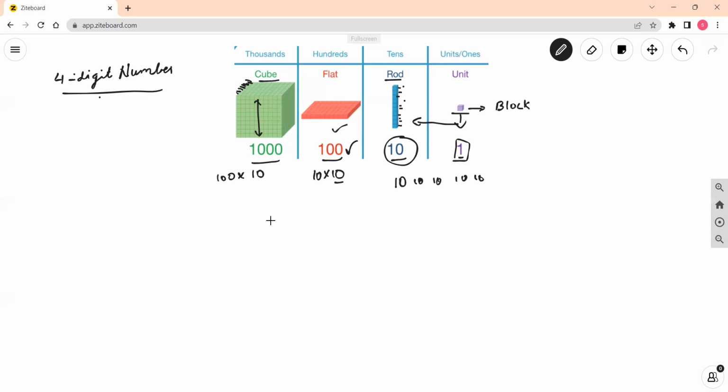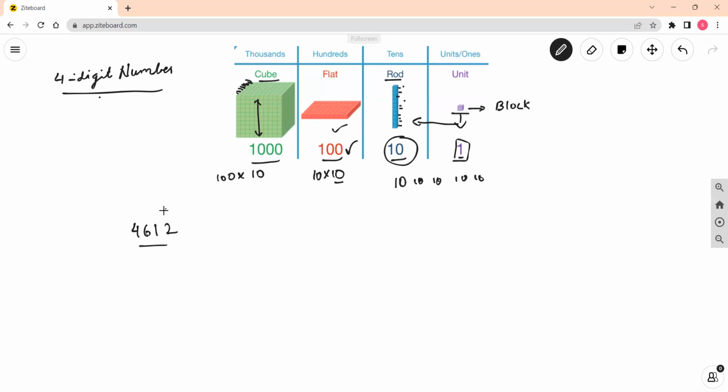For example, if we want to represent the number 4,612, how will we do this? To represent this number, how many cubes do we need? 1 cube is equal to 1,000.